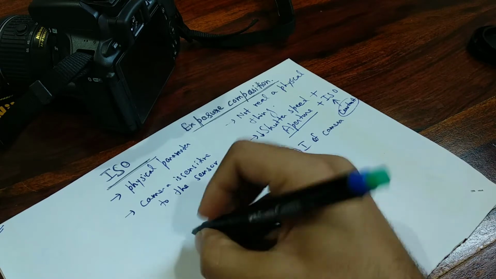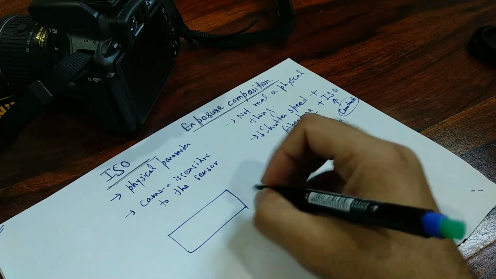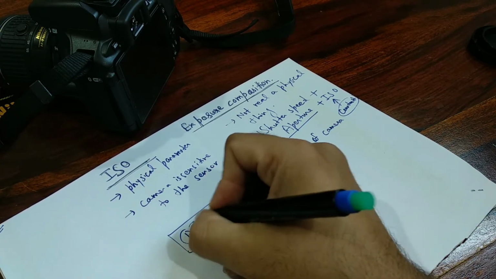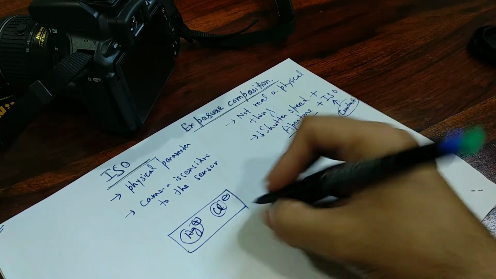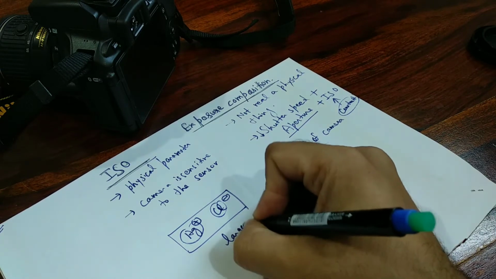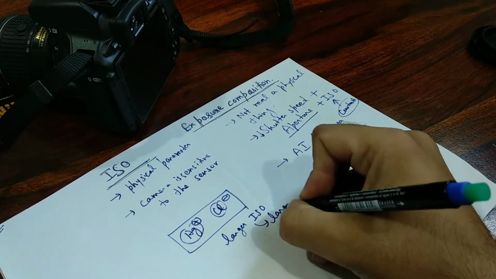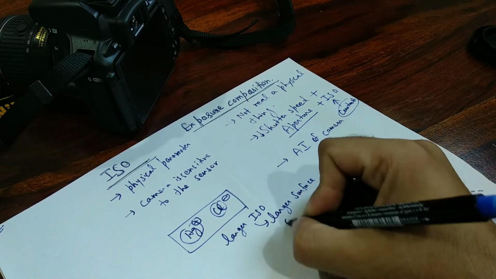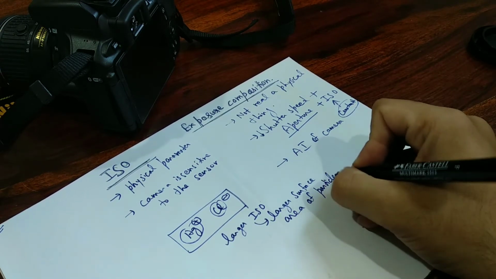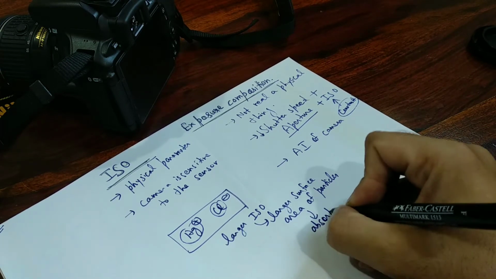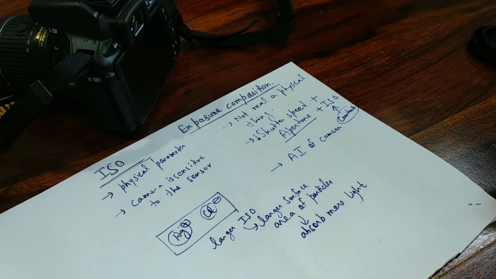If you know about these films, they are made with silver halide particles, and when you have a larger ISO, that means you have a larger surface area of particles, and that will absorb more light. So that was the idea of ISO.